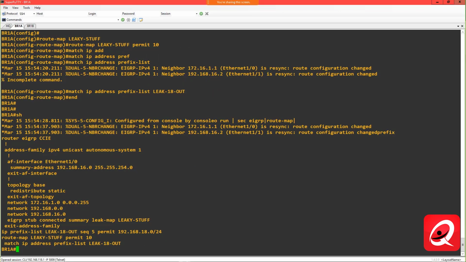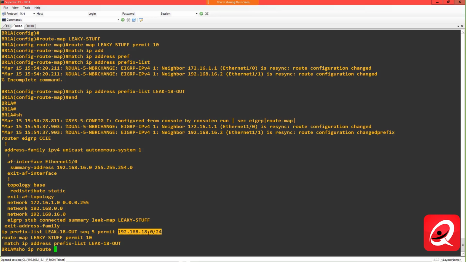I've got EIGRP stub connected. Leak map, leaky stuff. Prefix list, leak 18 out. Permit 192.168.18.0/24, which should be an exact match. Let me do this.